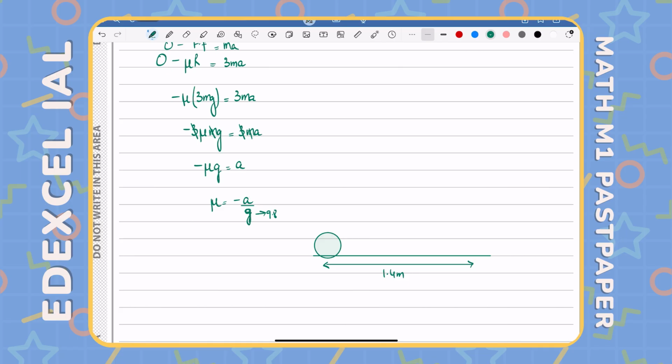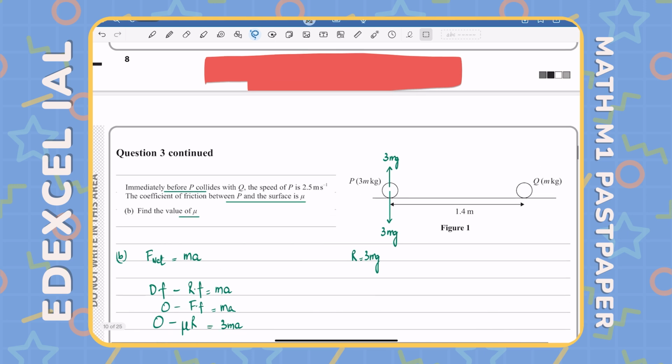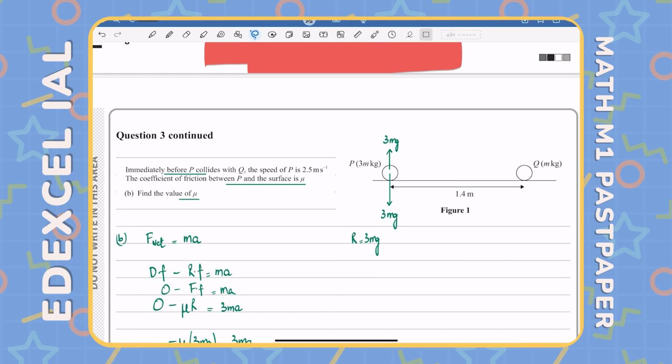And notice that its initial velocity, as soon as it starts moving, was 5 meters per second. Just before collision, the question tells us that its velocity was 2.5.